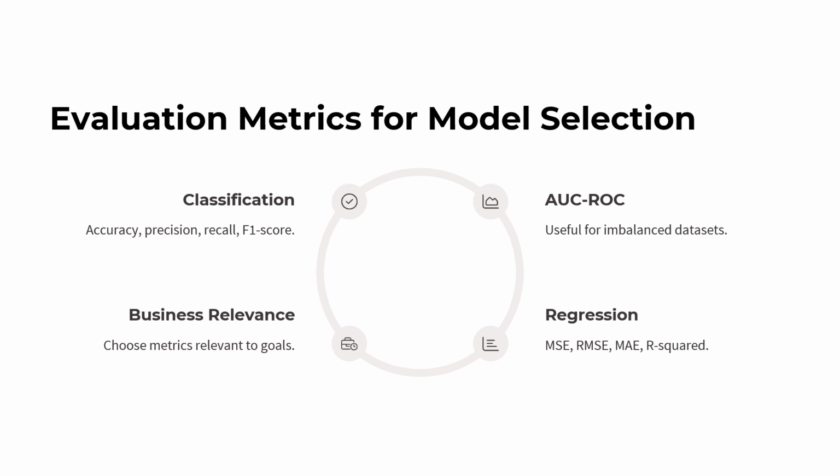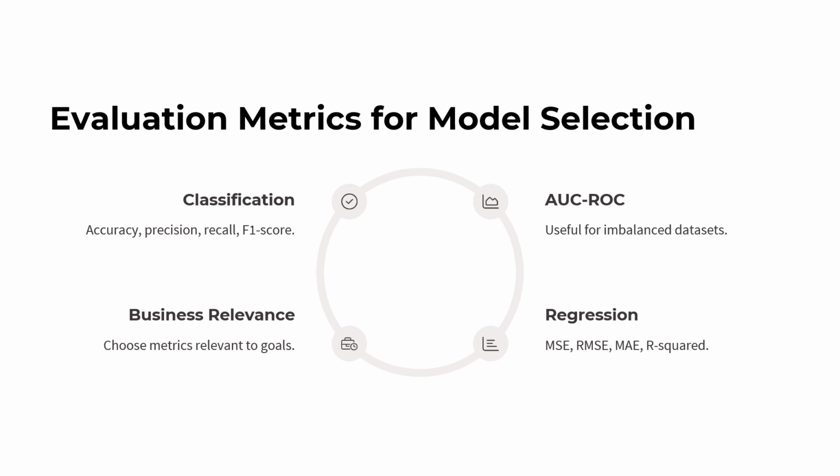Now that we have built our models, how do we pick the best one? The answer lies in the evaluation metric, but which one you choose depends on the task. For classification, you might look at accuracy, but if your classes are imbalanced, metrics like F1 score or AUC ROC are more informative.